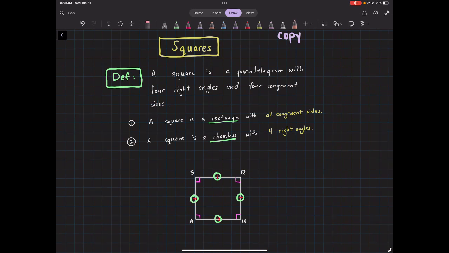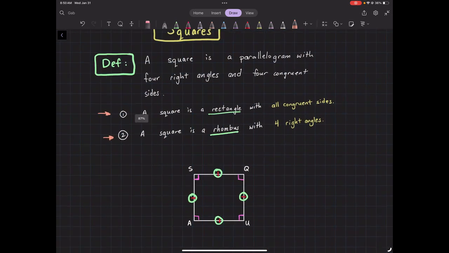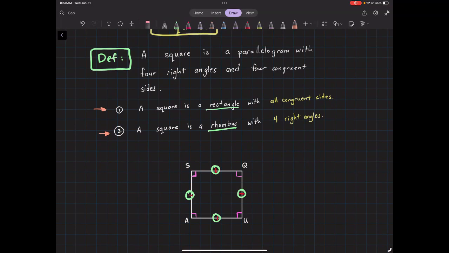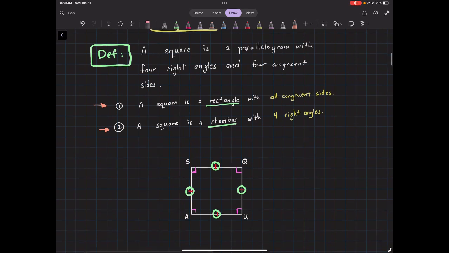There are like these two facts right here. Okay, because there are going to be some questions where they ask you, oh, is a square a rectangle? The answer should be yes. And then, is a square a rhombus? The response to that is also yes.